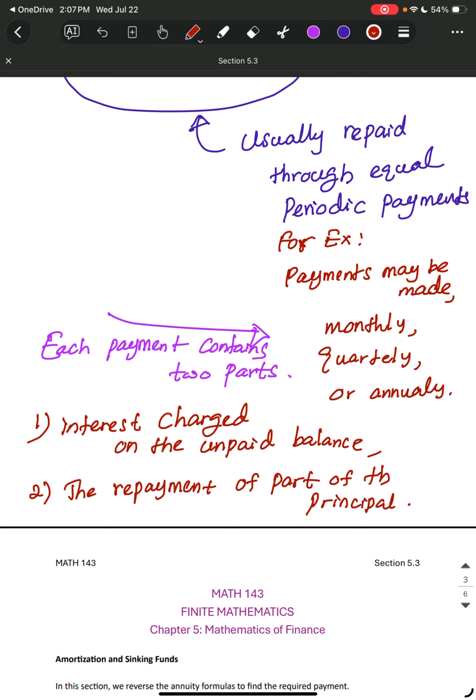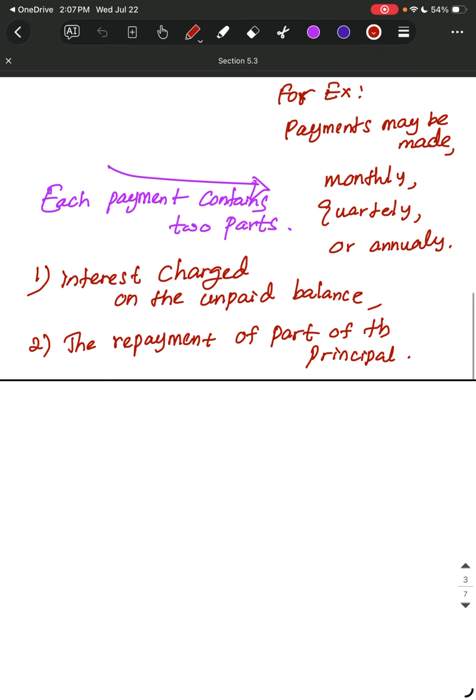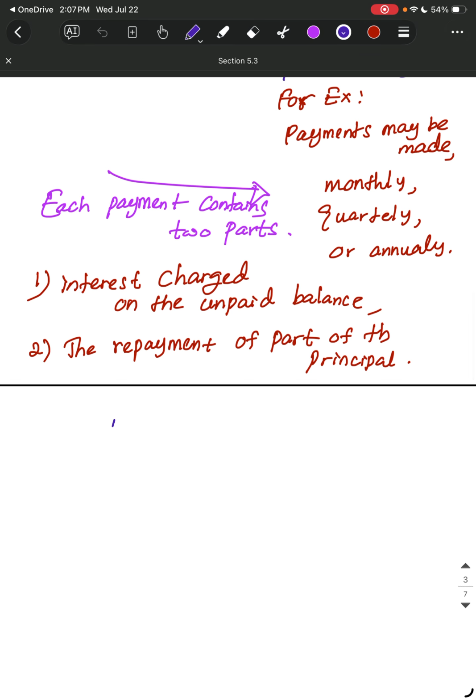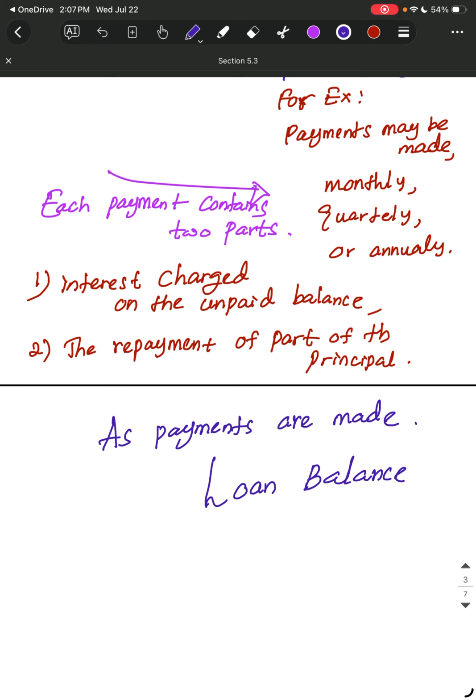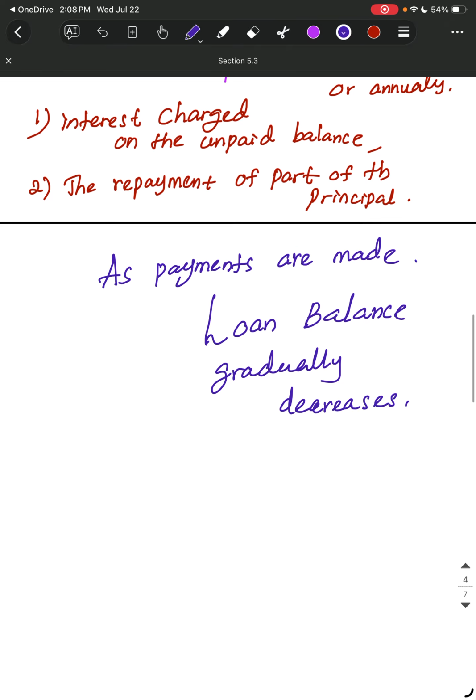So as payments are made, the loan balance gradually decreases.